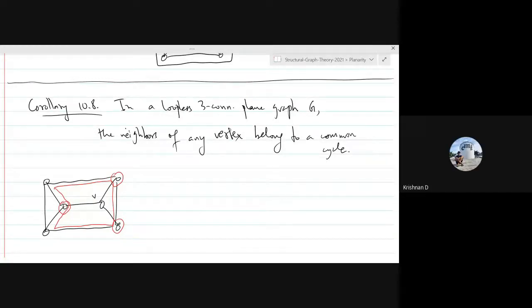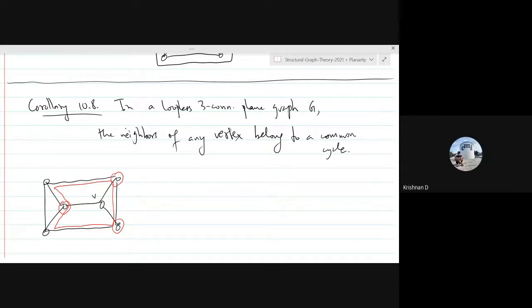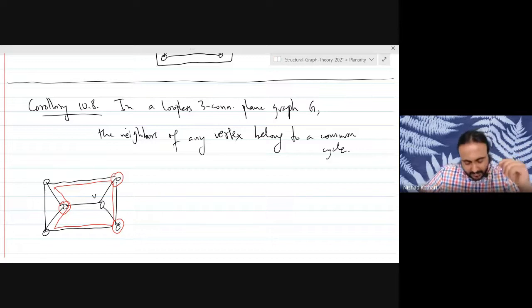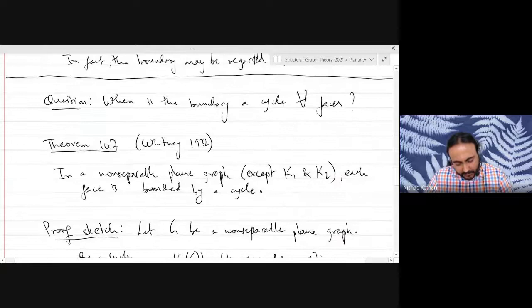Sir, is this somehow related to how three connected graphs can be formed from wheels? No, it's not that difficult. It's a straightforward consequence of Whitney's theorem that we just discussed.